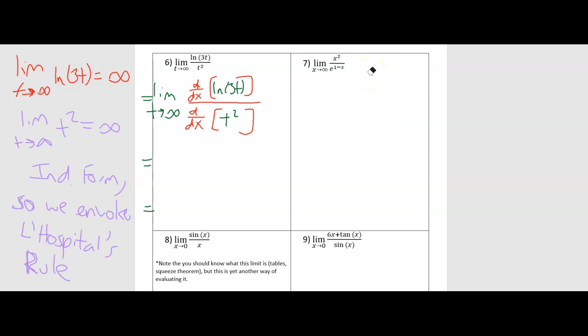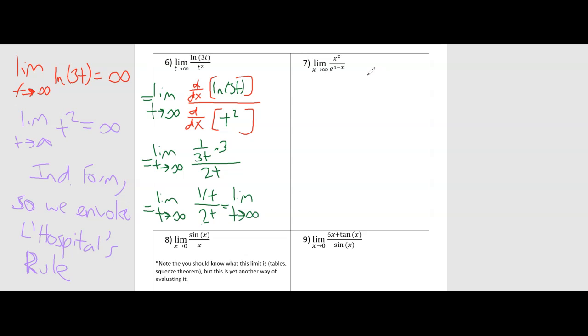So I have the limit as t approaches infinity of 1 over 3t times 3 all over 2t, which is equal to the limit as t approaches infinity of 1 over t all over 2t, which is equal to the limit as t approaches infinity.